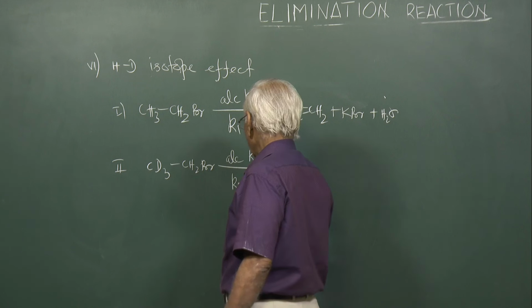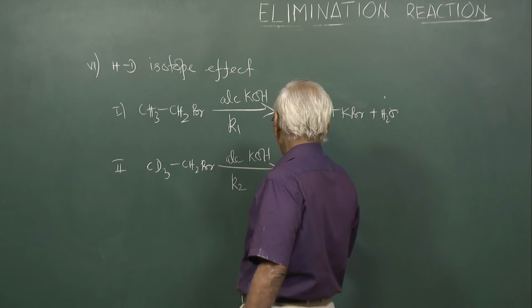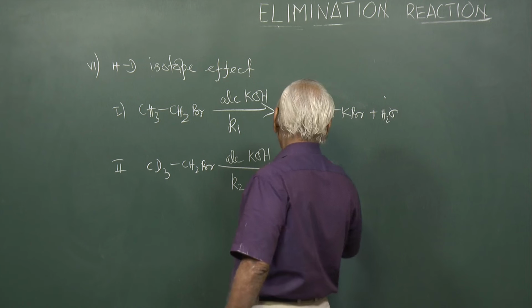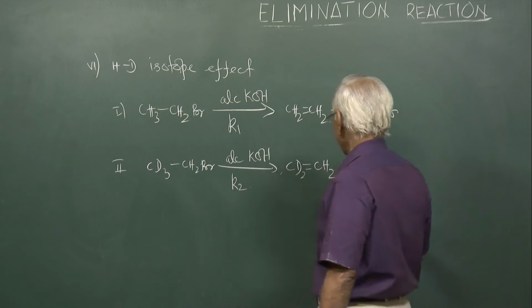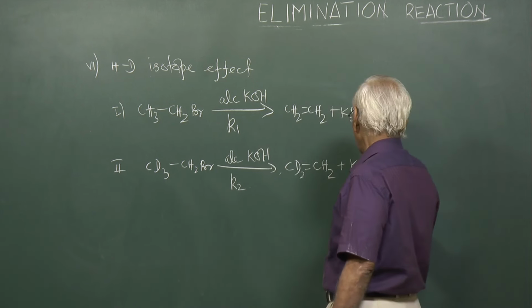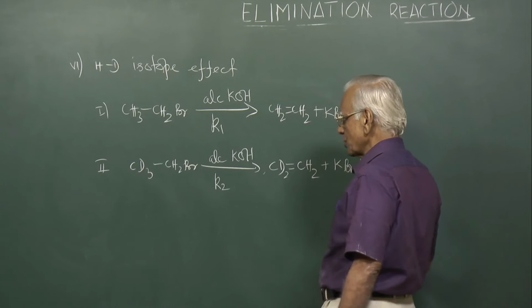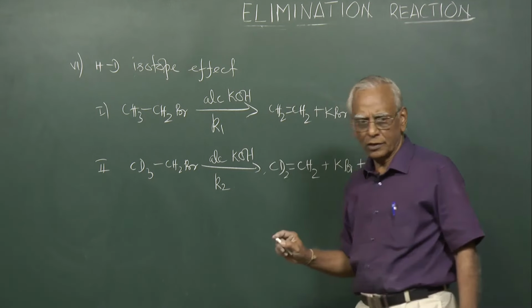We will call that rate constant K2. What should be the product? CD2=CH2 plus KBr plus, what should be the product now? What should be the product?